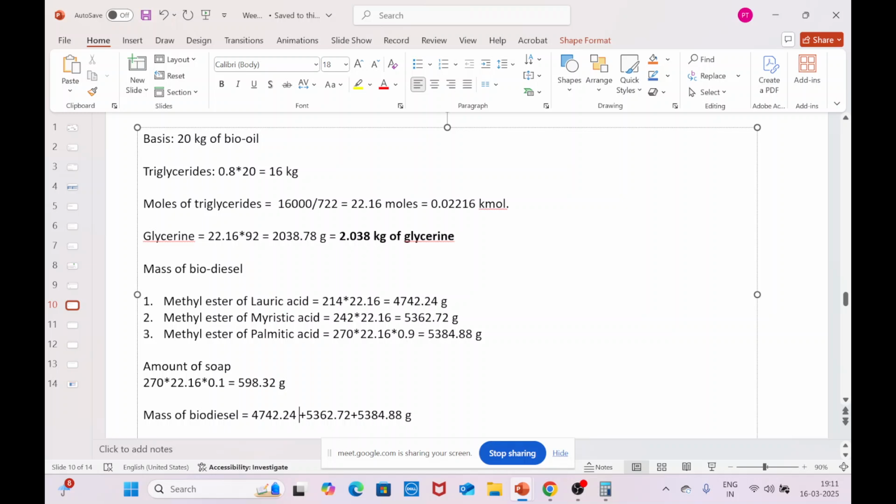So what is the value for this addition? Grams, or you can say this as 15.489 kgs of biodiesel.